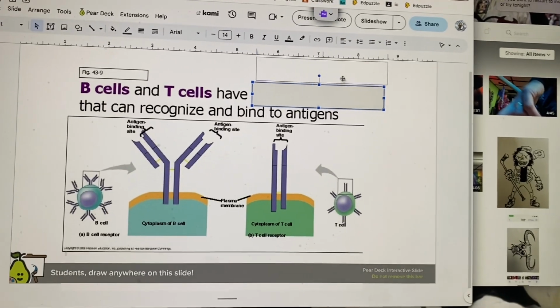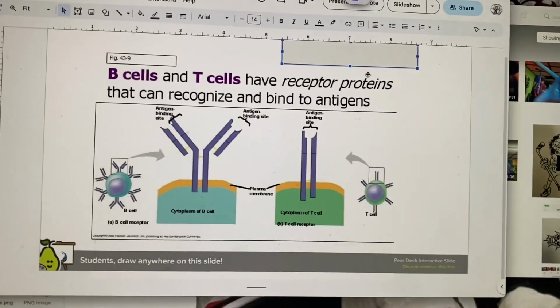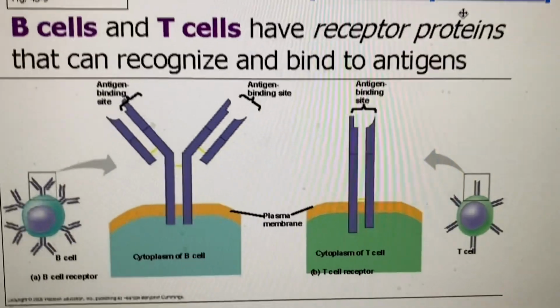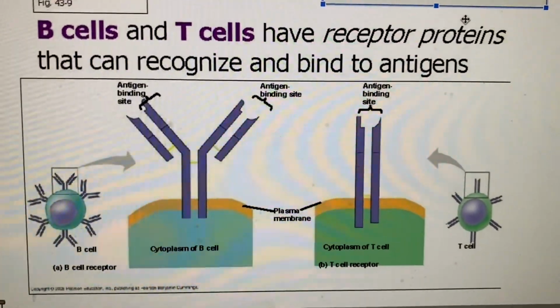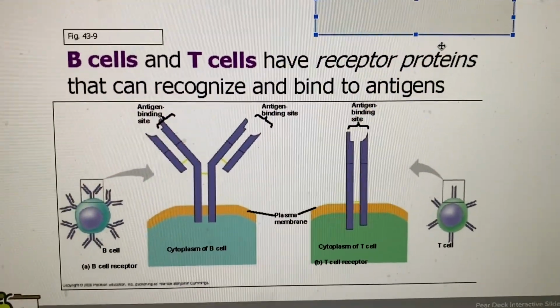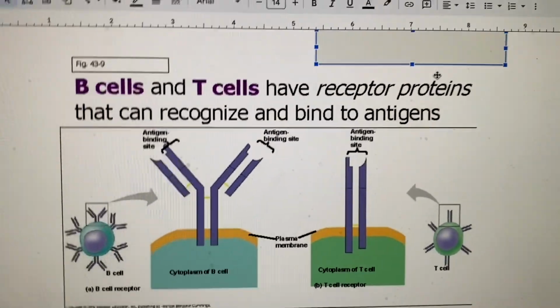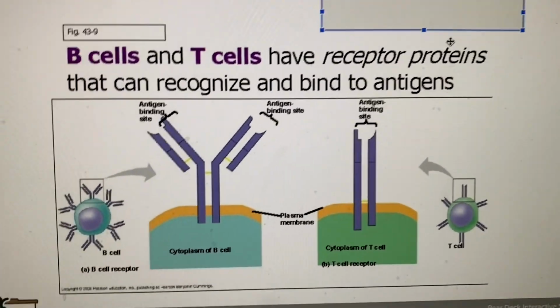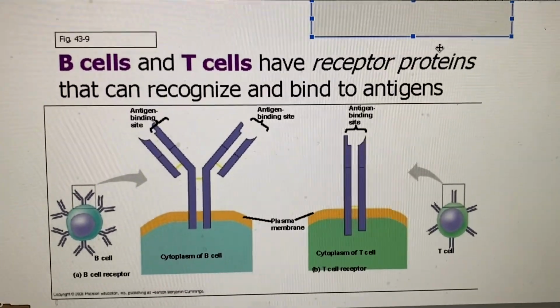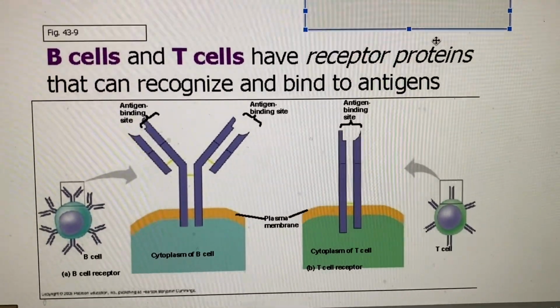In immune system cells, they have special proteins that can bind and recognize antigens. That's how your immune system, in a nutshell, works. It constantly is checking the antigens, or the proteins sticking off the top of your cells, to make sure they're where they're supposed to be and doing what they're supposed to do.